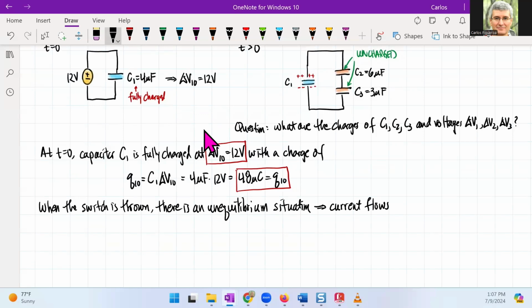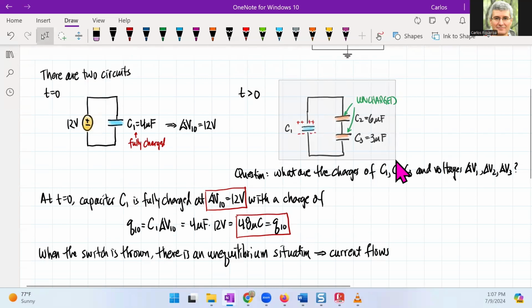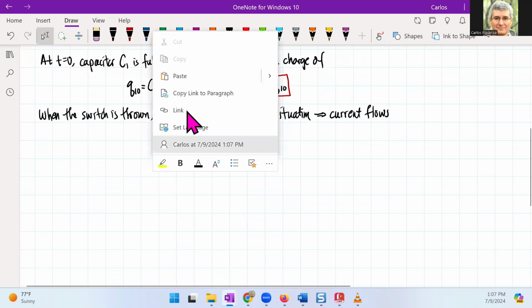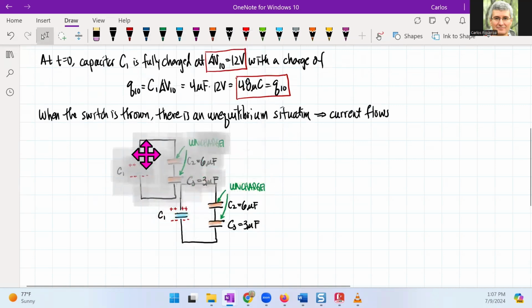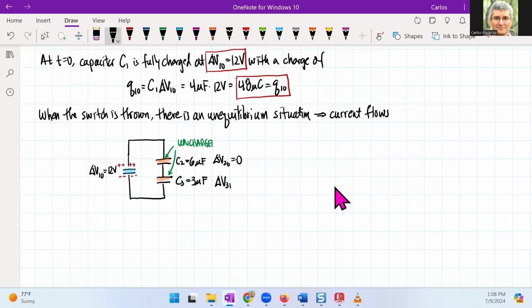So when I'm looking at this circuit right here, I'm going to have some initial voltage right here, and that voltage is 12 volts. The voltage of V2 initially is 0. The voltage of V3 initially is also 0.